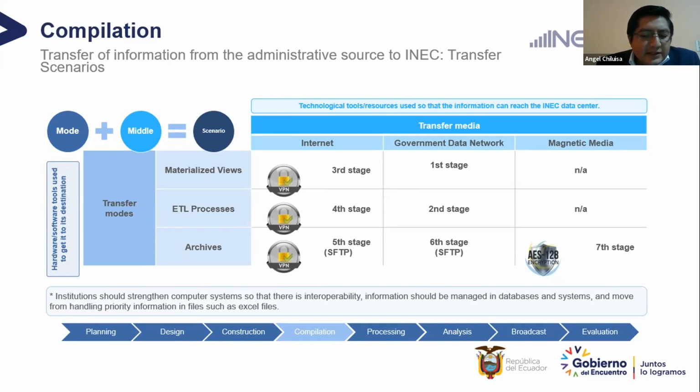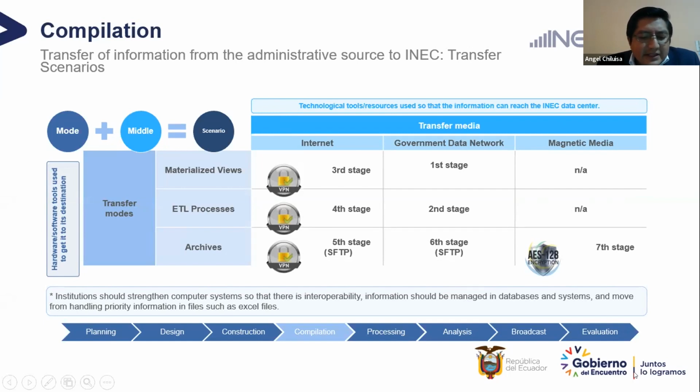The medium is the technological tools and resources used so that the information can reach the internal data center, for example, internet, government data network, and magnetic media, which is no longer used, but is an option for some institutions that do not have any resource.